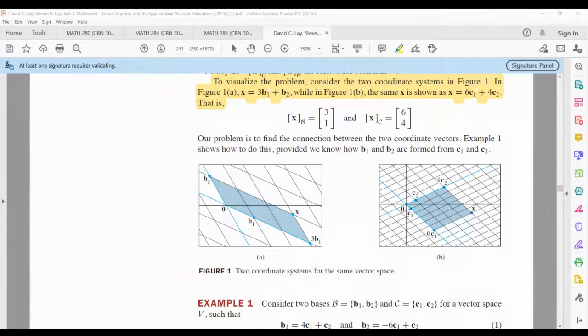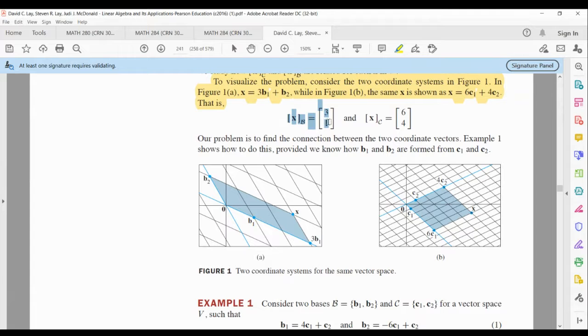They don't want you to get wrapped up in actual Cartesian coordinates, which everybody's kind of attracted to because you've been using them so long. But in fact, what you have in figure 1 on the left is a vector x, and vectors b1 and b2 that form a basis for that vector space in figure 1a.